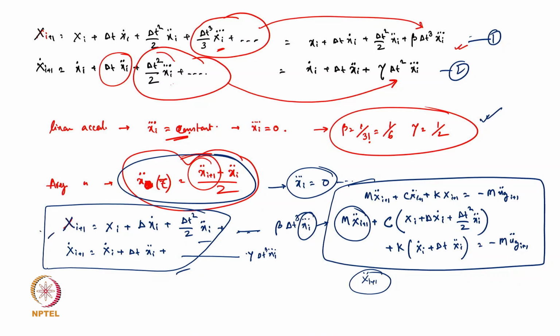Then equations 1 and 2 will become like this. Very simple. Jerk and all other higher order terms will be 0. So everything will get cancelled out, and you will be left with just this.